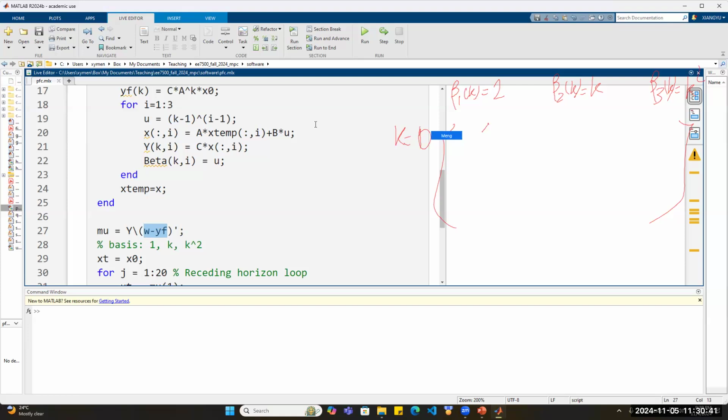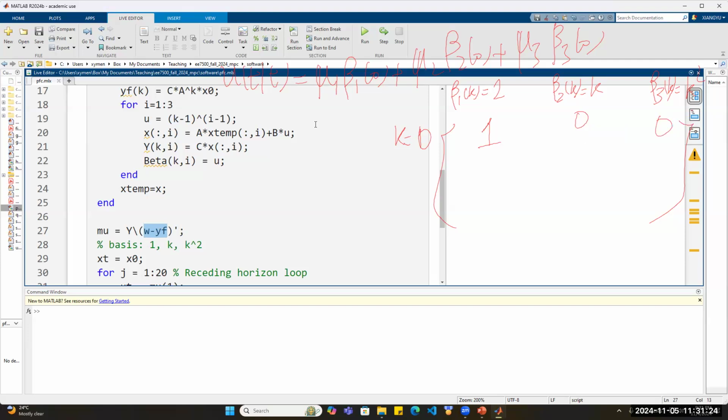So for u_t, it will be mu 1 basis 1(0) plus mu 2 basis 2(0) plus mu 3 basis 3(0). Then basis 1(0) is 1, basis 2(0) is 0, and basis 3(0) is 0.